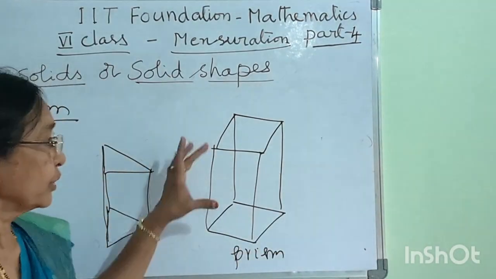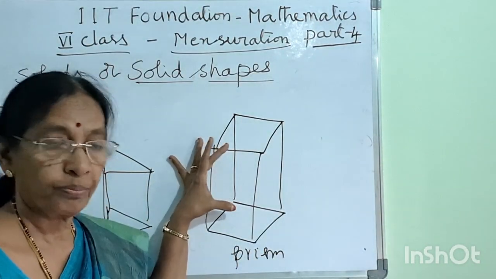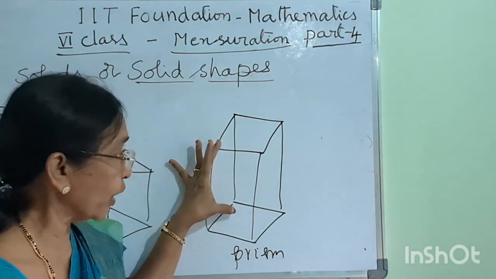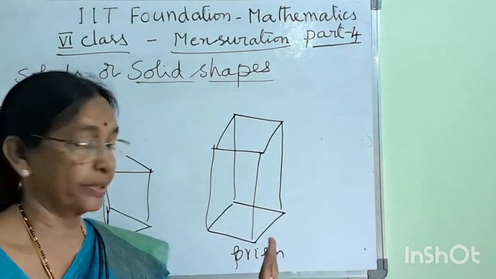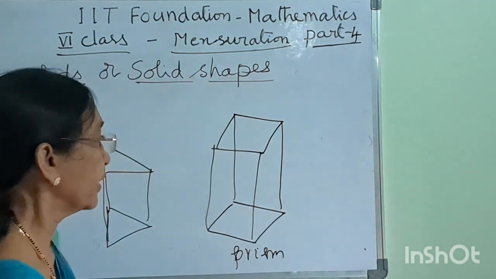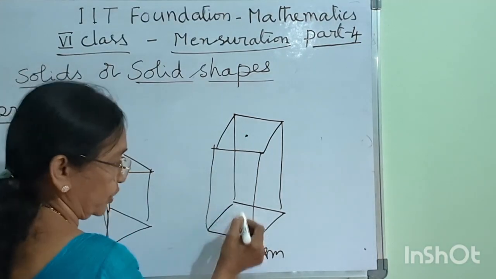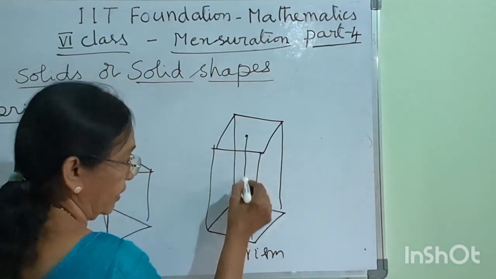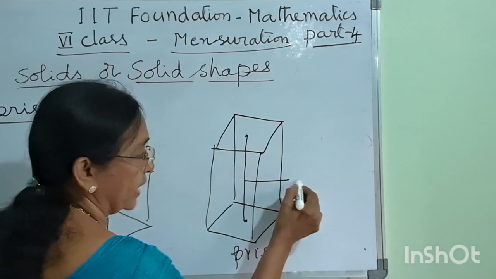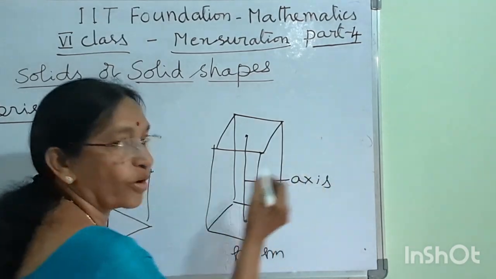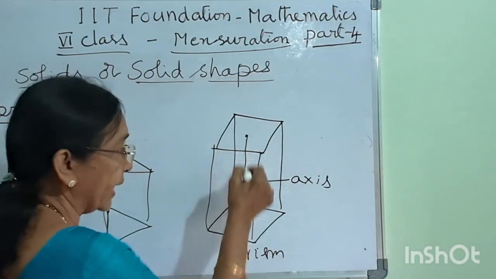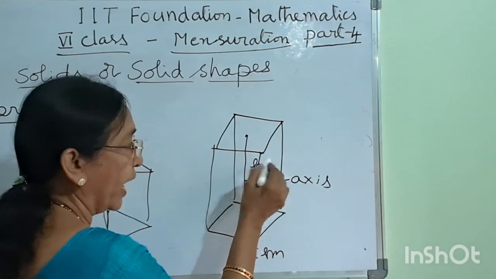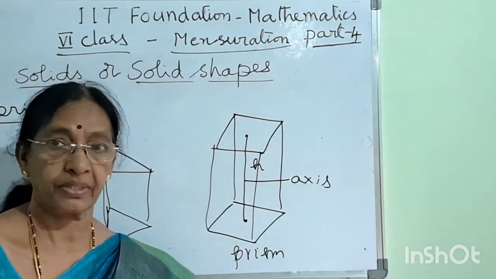Thus, two identical parallel polygons form a prism. The vertices are joined. If the centers are joined by a line or line segment, that line segment is called the axis of the prism. And the length of this axis is called the height of the prism.